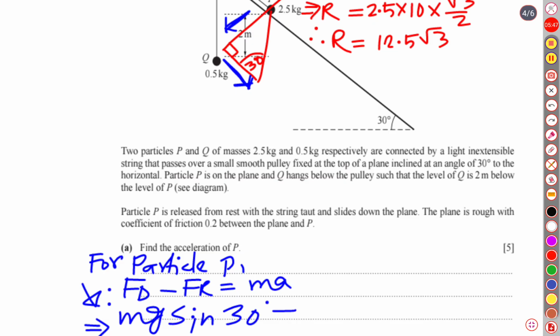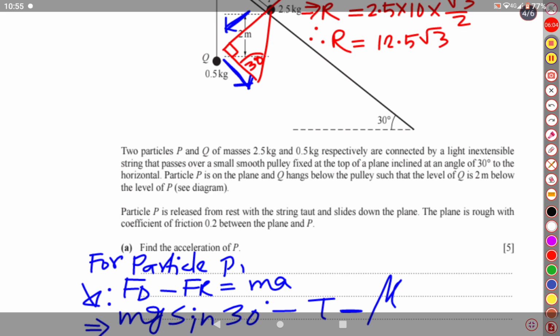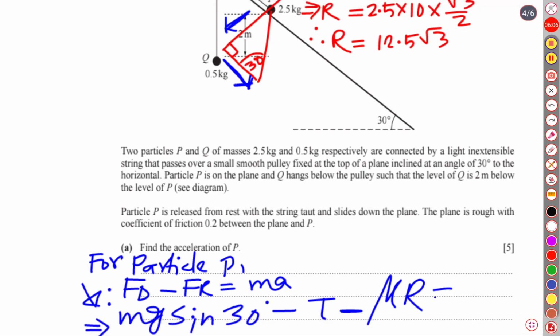Minus, now the resistance force. What is causing resistance to this sliding down? Number one is tension, because there is tension in the string between the particles. And another one is friction, mu R, with the normal reaction force we have already calculated. So mg sin 30 minus tension minus mu R equals mass into acceleration.